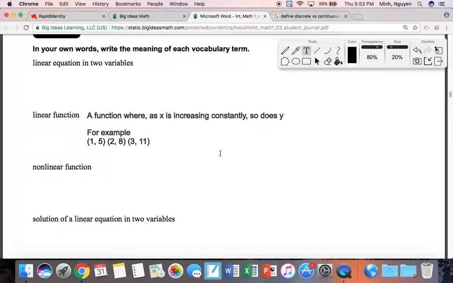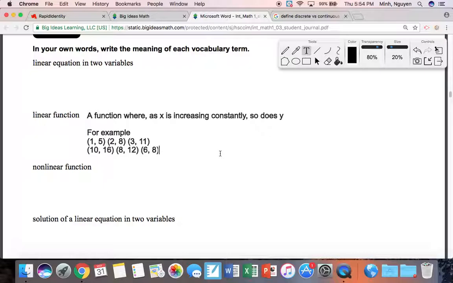Another example might be, let's start at 10 and go 8, then 6, with y values 16, 12, 8.